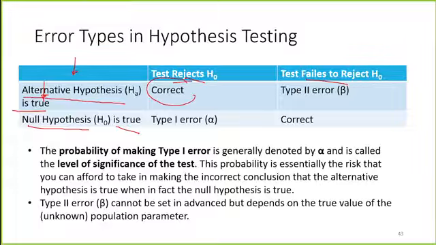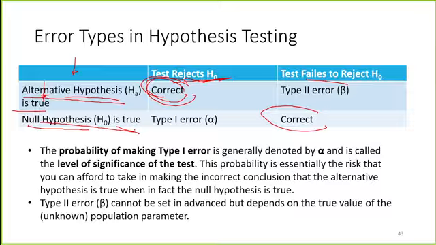If we reject the null hypothesis and the alternative hypothesis is actually true, that means we reject it correctly. Another case, if we fail to reject the null hypothesis and the null hypothesis is true, then failing to reject is correct.